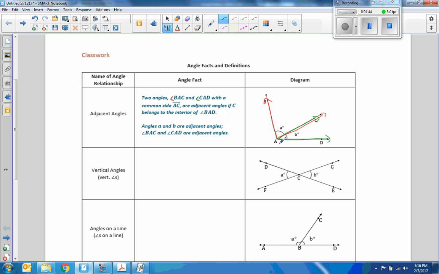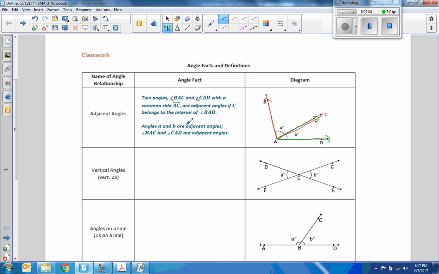They both use that side as one of their sides. They're adjacent angles if C belongs to the interior of angle BAD, so C has to be inside the larger angle BAD.